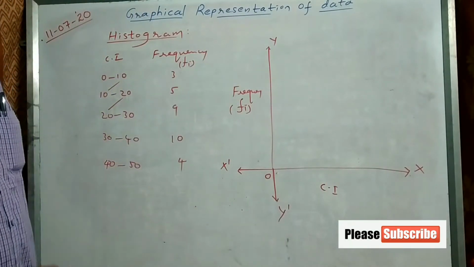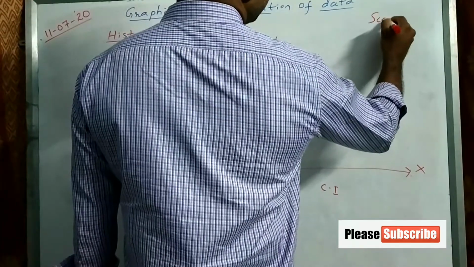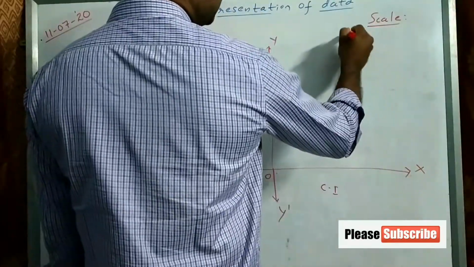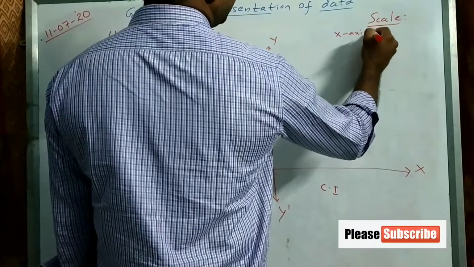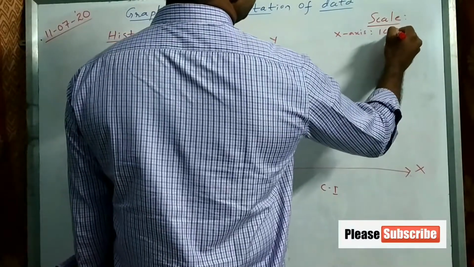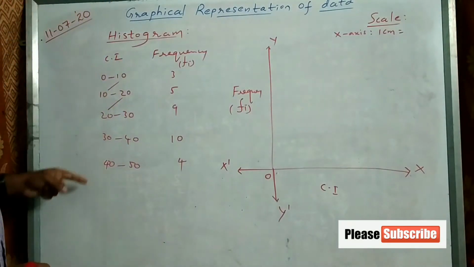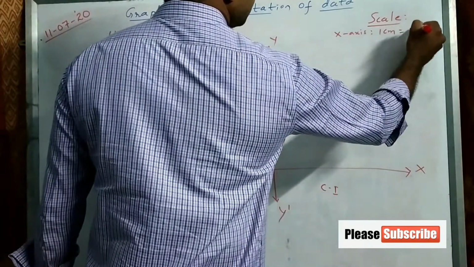Here one important thing is choosing the scale. What is the scale here? On the x-axis you have to take 1 cm equal to what gap we have here. The gap is 10 units.